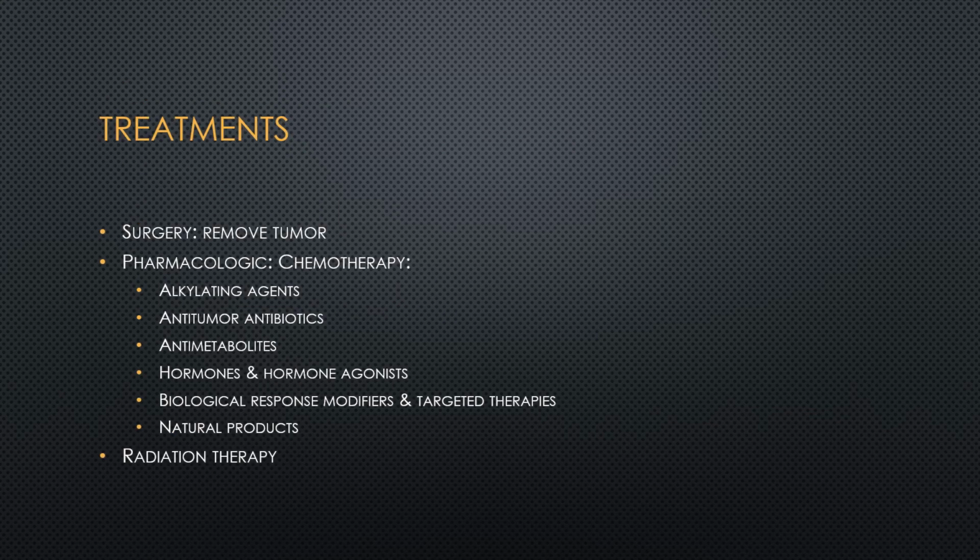Treatment includes surgery to remove the tumor. We talked about that in cellular regulation. I'm not going to get into the chemotherapy, all the different types, but there are a lot of types of agents, and in the Focus on Pharm, you're going to look at complications of some of these. They may try radiation as well.